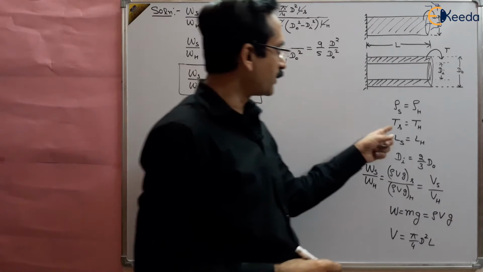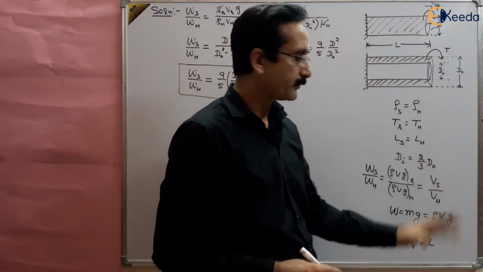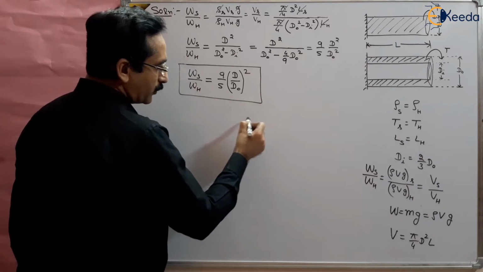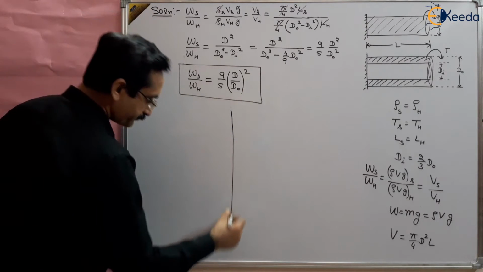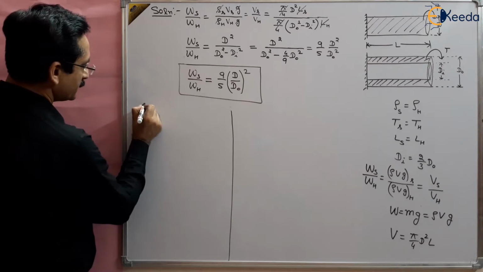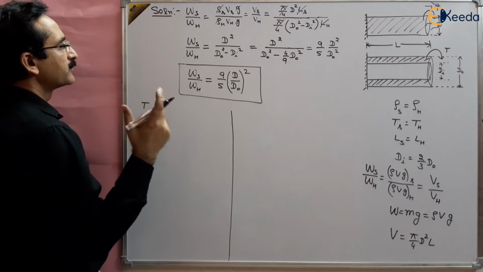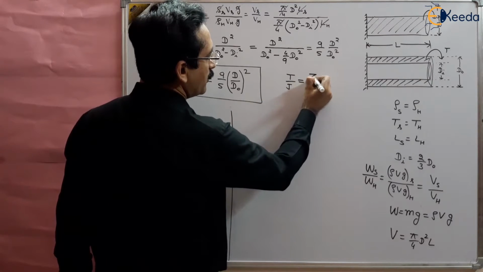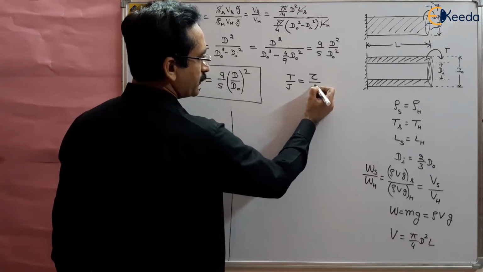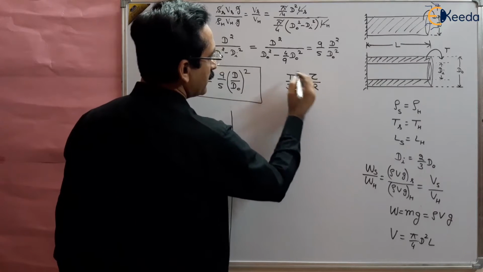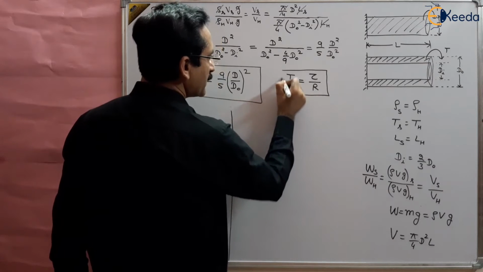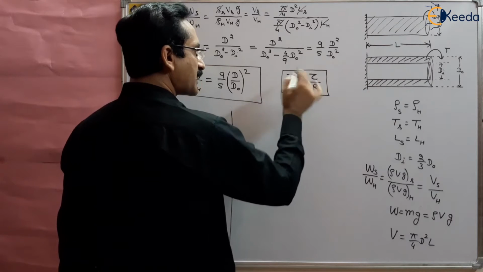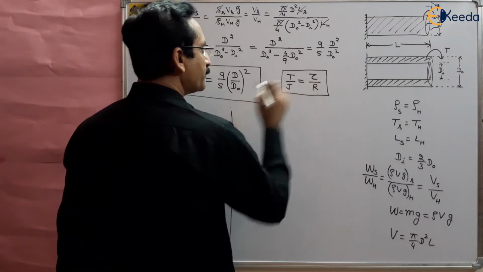And the torque of solid and torque of hollow is the same. It means, what is the torque of solid shaft? For the torque of solid shaft, the formula you should remember is T by J equal to tau by R, that is capital R. Because both are of the same material, tau should be the same, so the stress they will feel will be the same.